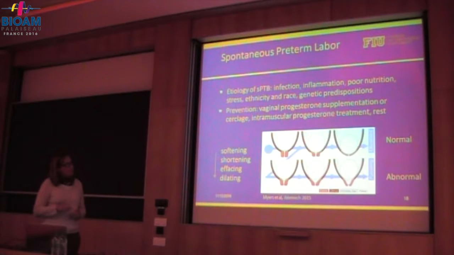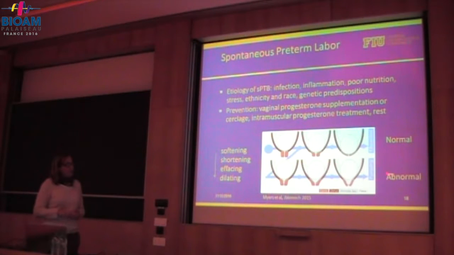So this illustrates a little bit the phases of pregnancy, and particularly going into effacement and delivery. So the collagen goes in, the cervix goes into various stages of softening, shortening, effacing, and ultimately dilating to allow the baby to come into the world.